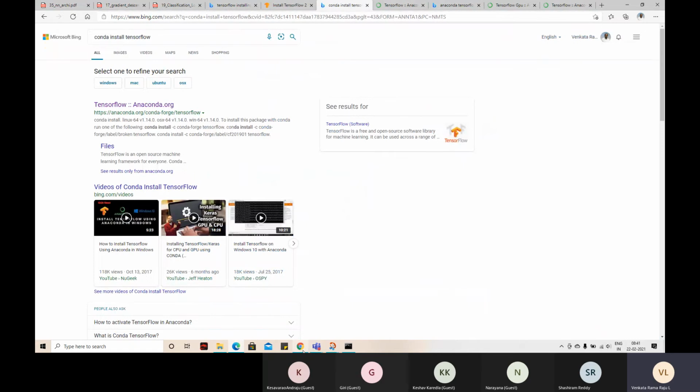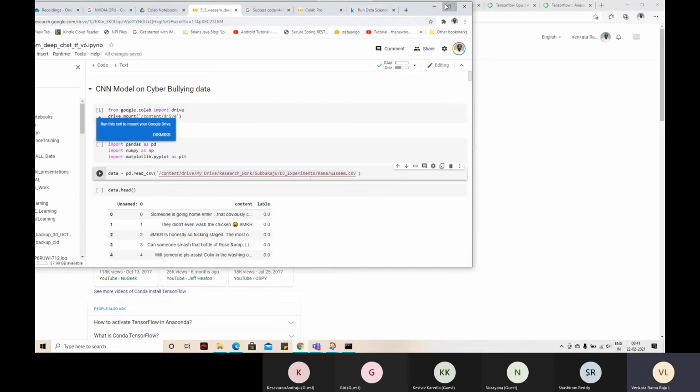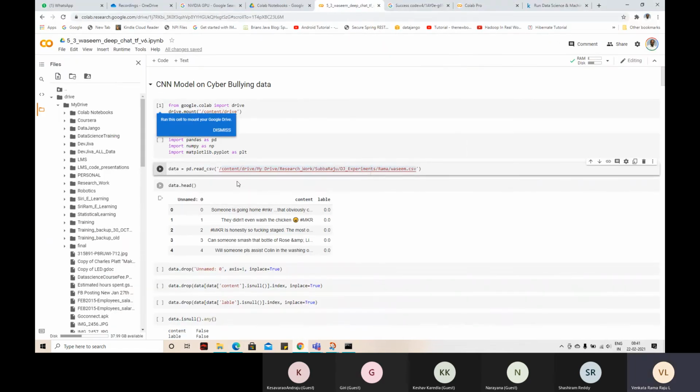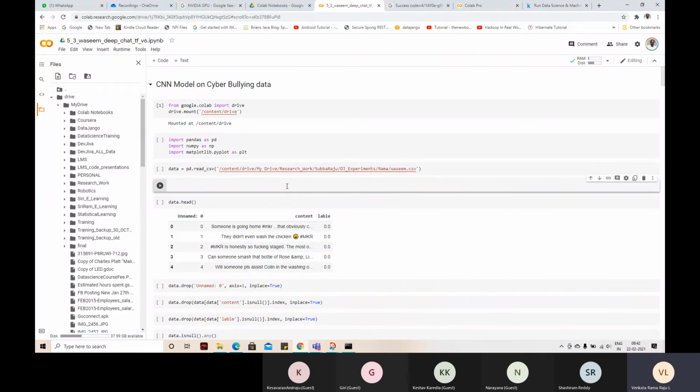If you add a code cell and type the install command and press enter, it will install.